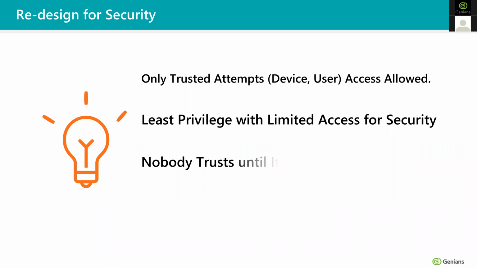And last, we should keep in mind that nobody can be trusted until it is verified. All of these functions, NAC can do. Next slide, I'm going to show you how NAC can realize the redesign for Zero Trust security.